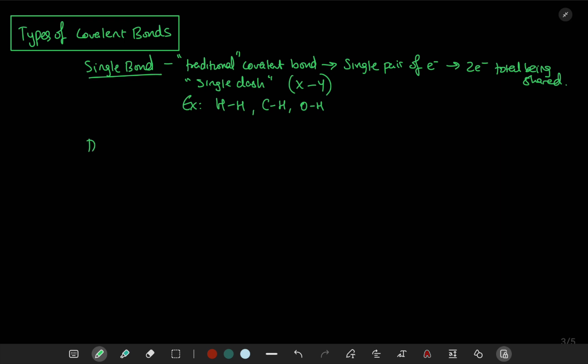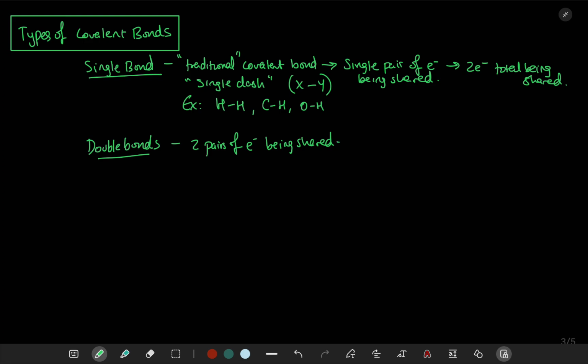So we also have what are called double bonds. So what are double bonds? Double bonds are covalent bonds where two pairs of electrons are shared between two atoms. So in this case, we have two pairs of electrons being shared.